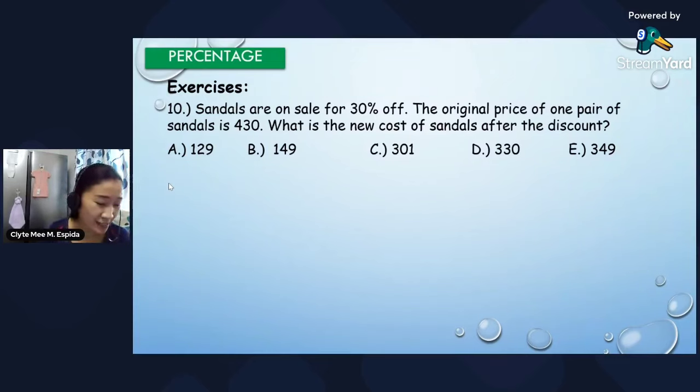That's letter C. Amira, C. Lilith, A. Andrew, A. Ma'am Jenjen, what is being asked is the new cost, the new price. It is not how much was discounted.